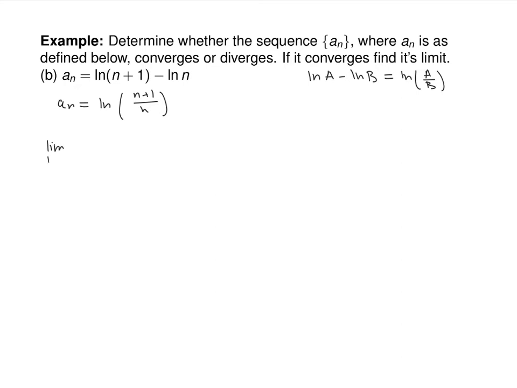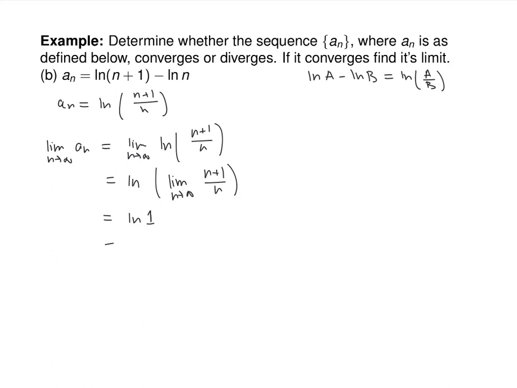So now let's find the limit as n goes to infinity of a_n. The limit as n goes to infinity of natural log of n plus 1 over n. The limit can move inside the ln, so ln of the limit. And as n goes to infinity, n plus 1 over n approaches 1, because the degrees of the numerator and denominator match. So you have ln of 1, which is 0. So our sequence converges to 0.